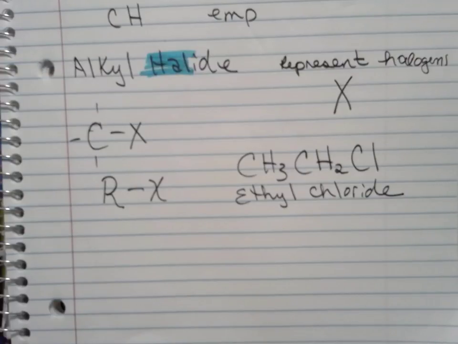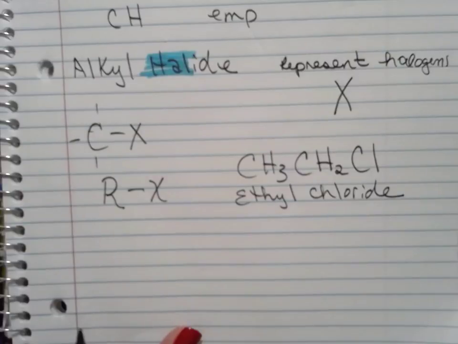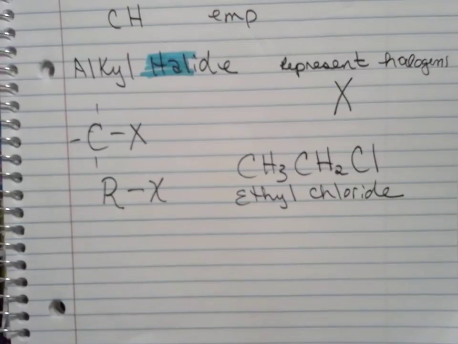I'll just have to bring in some of my numerous pill bottle boxes later and have y'all look at them. But you'll see that they have chlorides at the end, or fluorides at the end, or whatever. And that's an example of an organic halide.